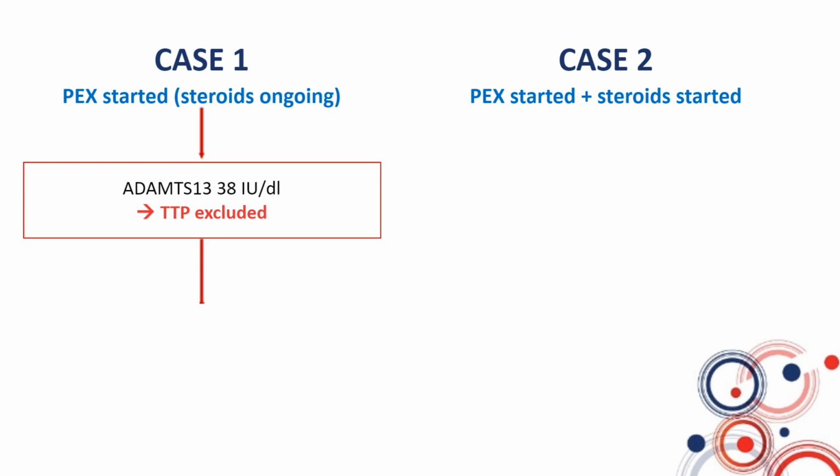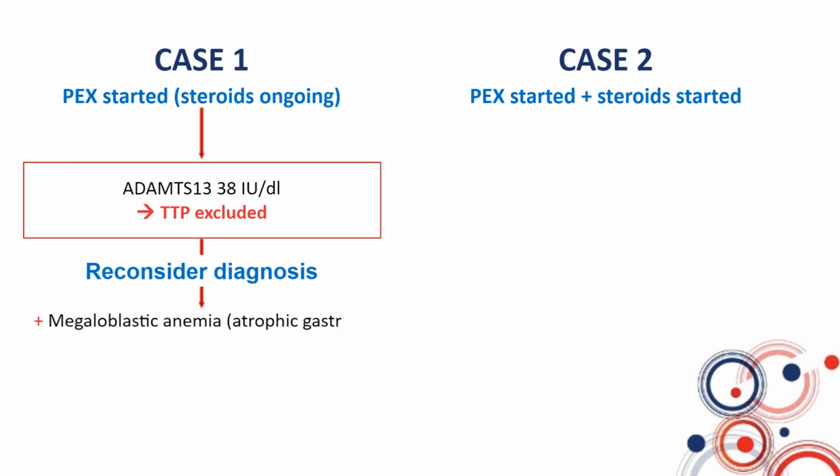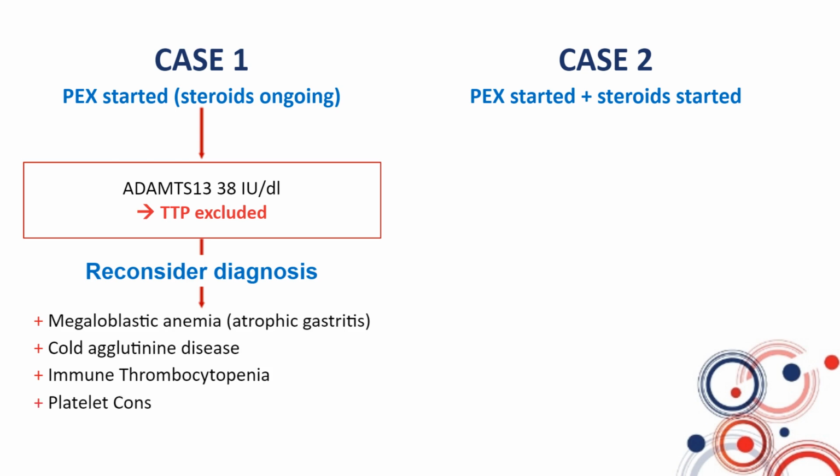Then we reconsidered the diagnosis. The final diagnosis is megaloblastic anemia with atrophic gastritis, cold agglutinin disease, immune thrombocytopenia, platelet consumption, or urinary tract infection. So one of these could be the diagnosis based on what we have seen on the laboratory results of this patient.